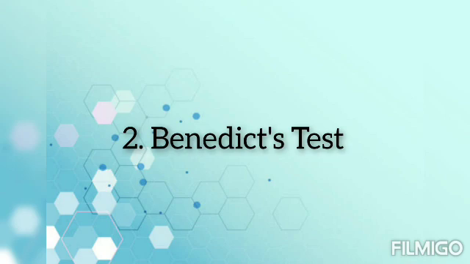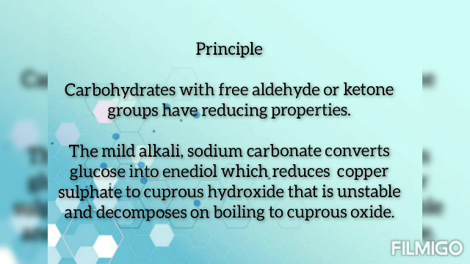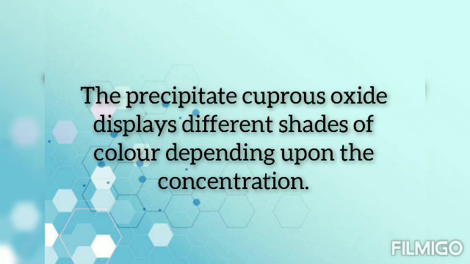Then the second one is the Benedict's test, which is used for the identification of reducing sugars. Principle: carbohydrates with a free aldehyde or ketone group have reducing properties. The mild alkali sodium carbonate converts glucose into enediol, which reduces copper sulfate to cuprous hydroxide, that is unstable, and decomposes on boiling to cuprous oxide.